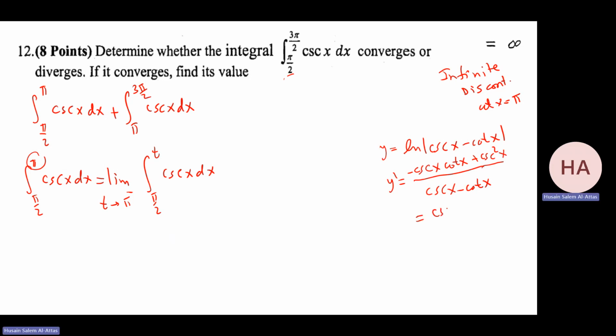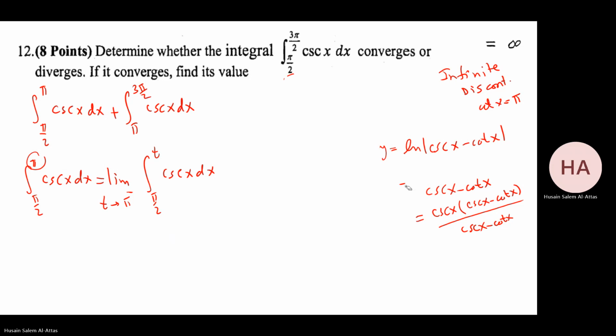So I have cosecant as a common factor. I want to be sure my calculation is correct. That will be cosecant times cosecant minus cotan, over the same thing, which gives me cosecant. So this will be the integral. Yeah, ln cosecant minus cotan. It will not make a big difference, but just to be sure.